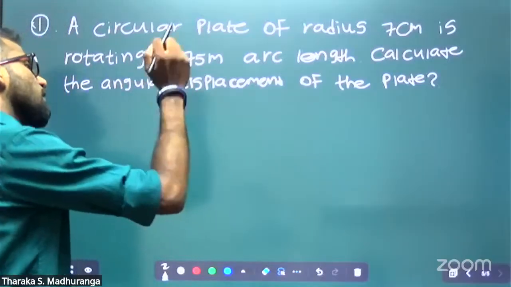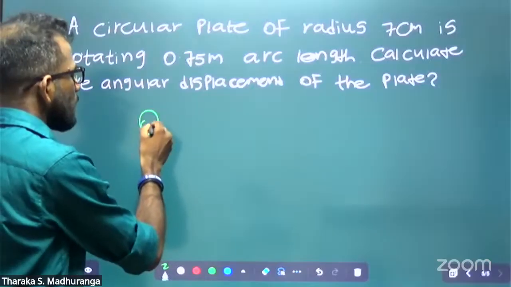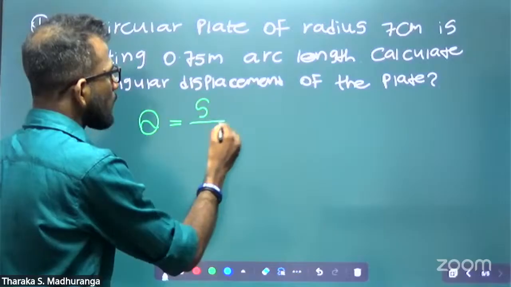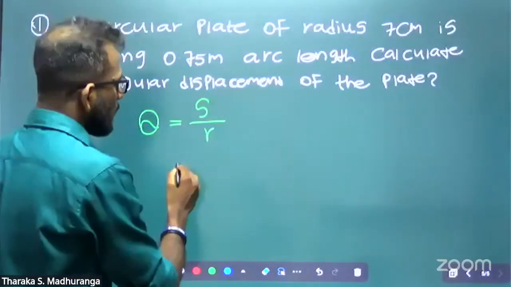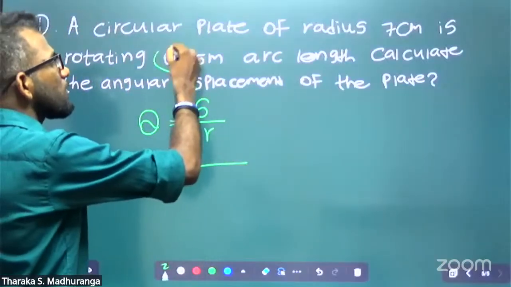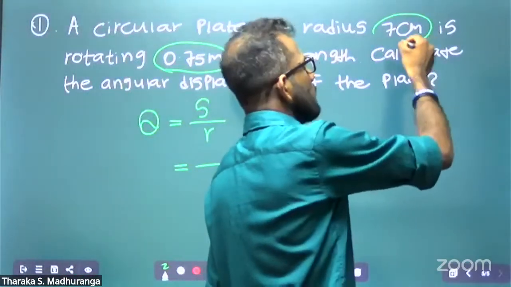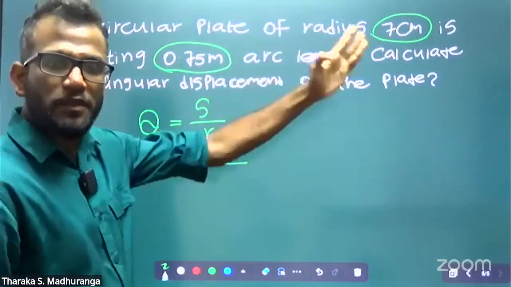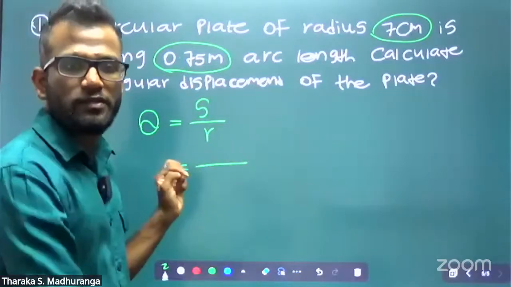What is the angular displacement? The angular displacement equals theta, right? Theta equals arc length divided by radius. Simple. The arc length is 0.75 meter. Radius is 7 centimeter. It is in two units, so you can't cancel out units.